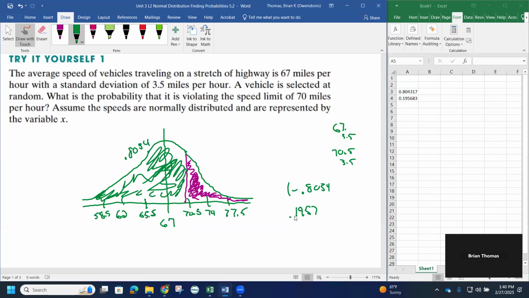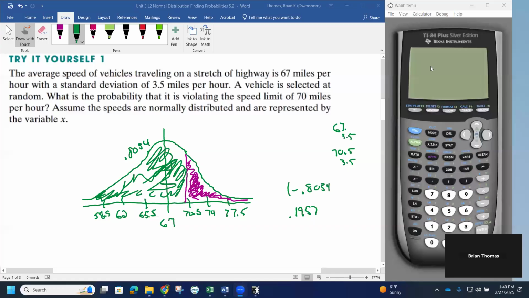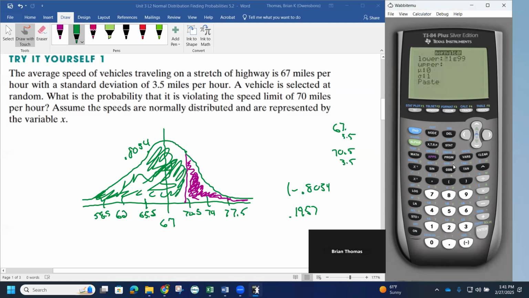Now, if I want to verify that using the calculator, let me pause for a second and see what we come up with. If I want to do the same problem using the graphing calculator, I could go second distribution. Number two is the normal. Because we want greater than 70, 70 is going to be the lower bound.